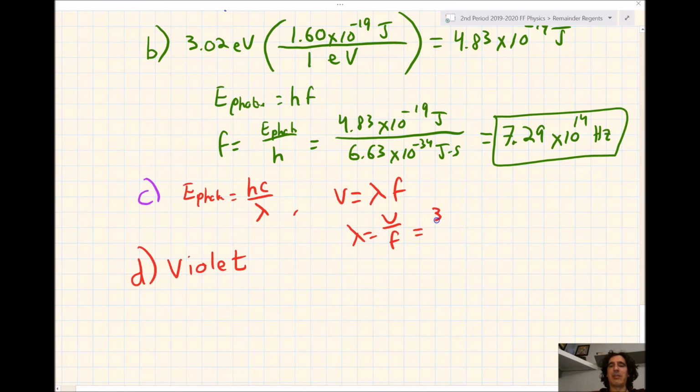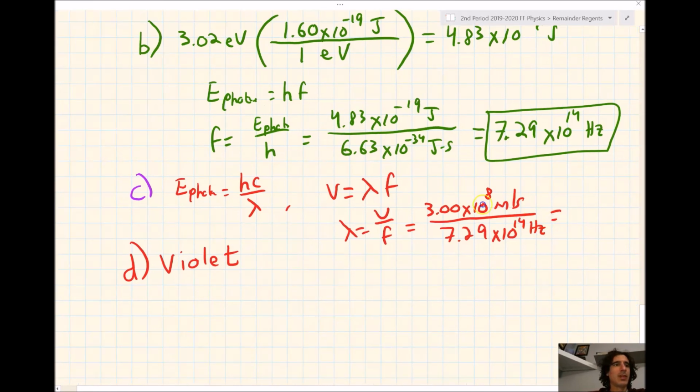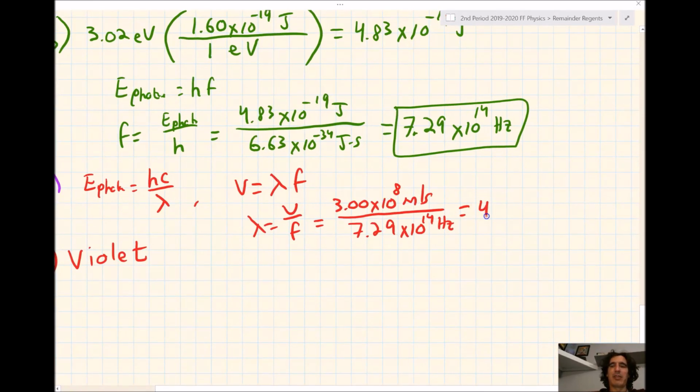Again, v is the speed of light in a vacuum, so 3.00 times 10 to the 8th meters per second, over the frequency, 7.29 times 10 to the 14th hertz. Plug and chug and we get a wavelength of 4.12 times 10 to the negative 7 meters.